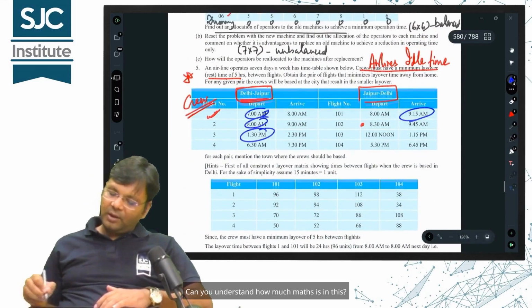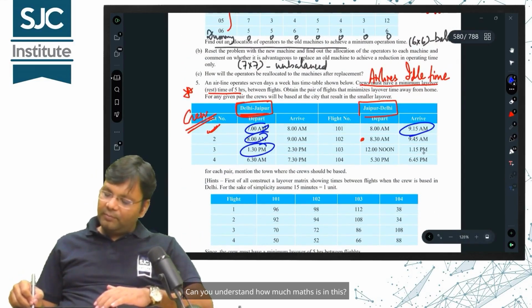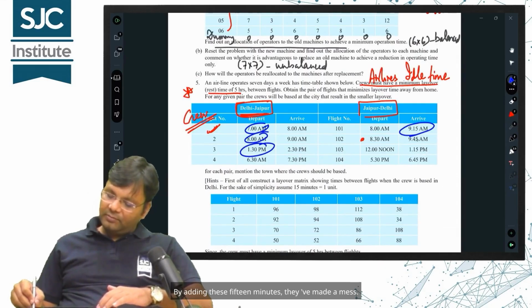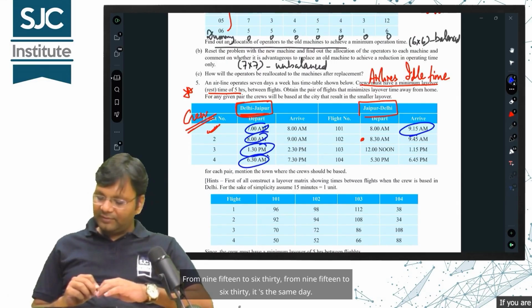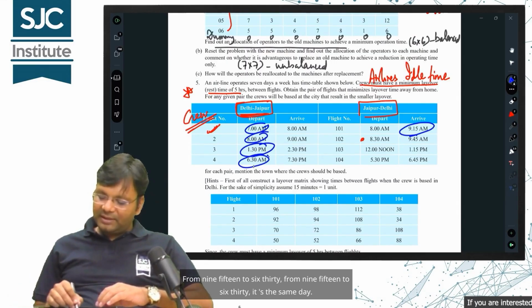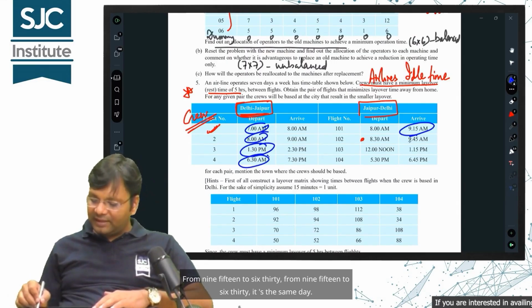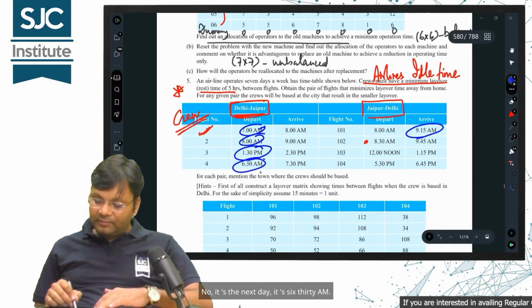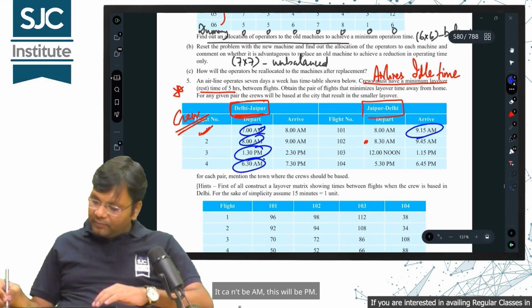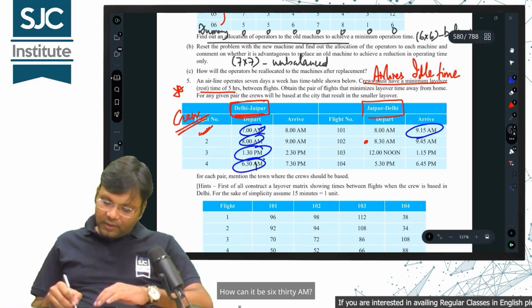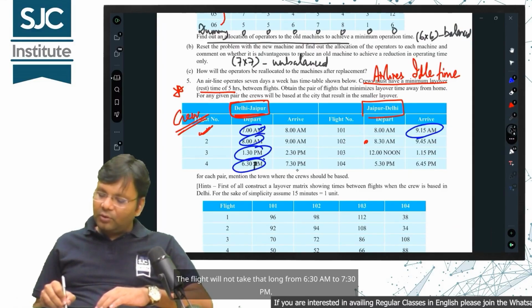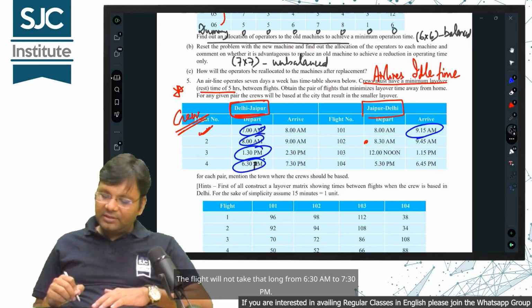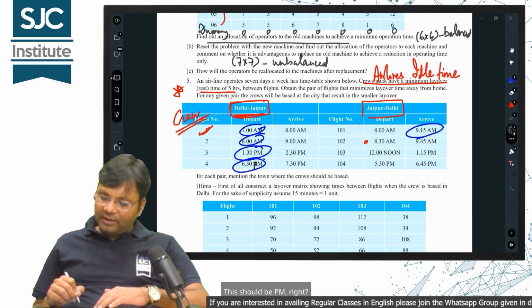Can you understand how much maths is in this? By adding these 15 minutes, they've made a mess. From 9:15 to 6:30, it's the same day. No, it's the next day, it's 6:30 a.m. It can't be a.m., this will be p.m. How can it be 6:30 a.m.? The flight will not take that long from 6:30 a.m. to 7:30 p.m. This should be p.m., right?